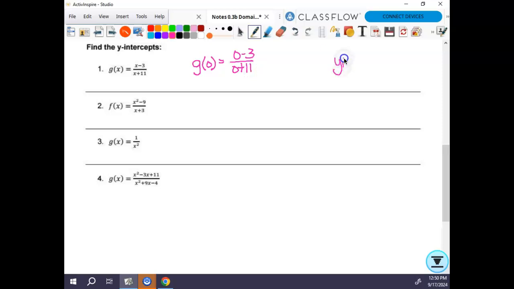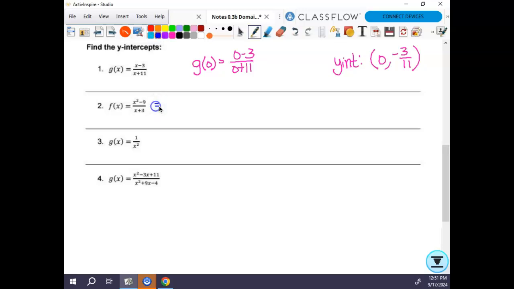So my y-intercept, notice I didn't ask you for the x-intercept, I asked you for the zero. If I'd asked you for x-intercepts, we would have put them as ordered pairs. So our y-intercept is an ordered pair at 0, negative 3 elevenths. You good with that?